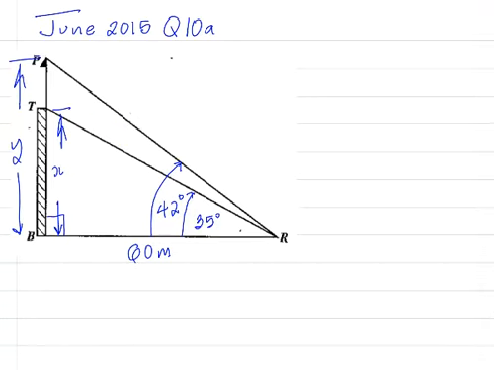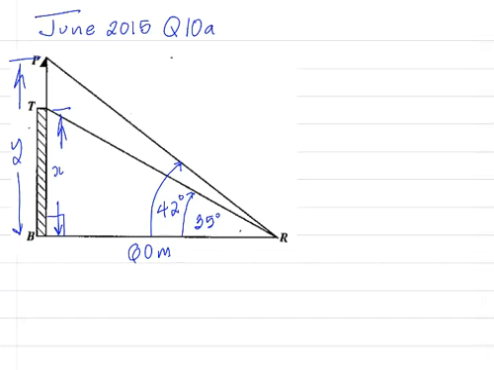The tools for solving a right angle triangle are Pythagoras theorem and the trig ratios. There's no direct way of finding the length TP. We have to do an indirect approach.